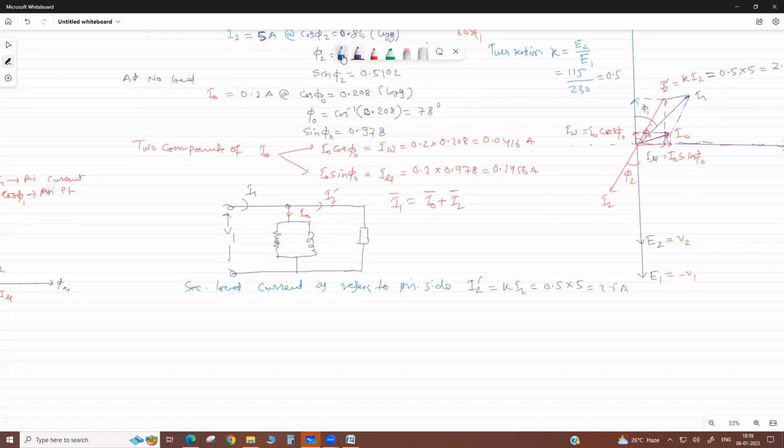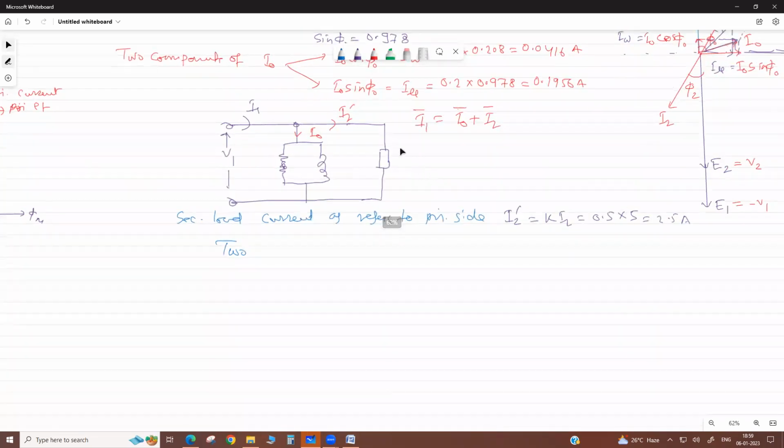Okay. Now we calculate the two components. When we resolve this, we calculate two components of I2 dash. That is I2 dash cos phi2, I2 dash sin phi2. I2 dash is 2.5. 2.5 into power factor is 0.86, correct na?